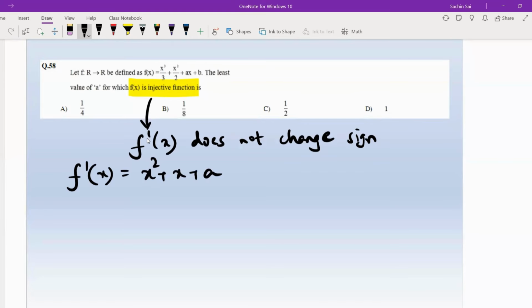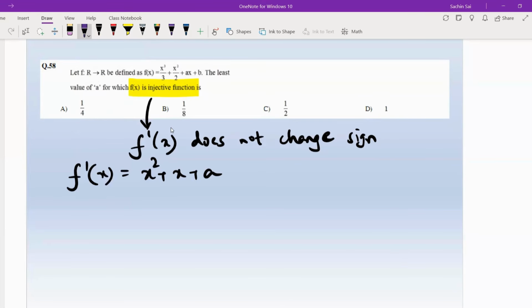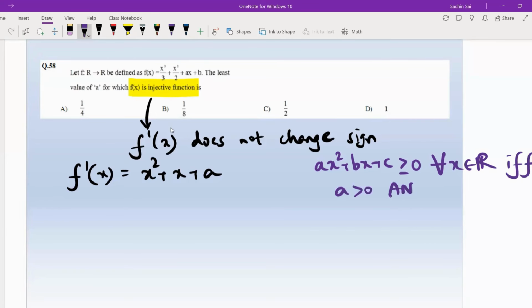Now this is a quadratic expression. Remember, it must either be completely positive or completely negative. It cannot be both in the set of real numbers. So that brings us to one very important result in quadratic expressions. We can say ax square plus bx plus c greater than or equal to 0 for all x belongs to R if and only if a greater than 0 and delta less than or equal to 0.